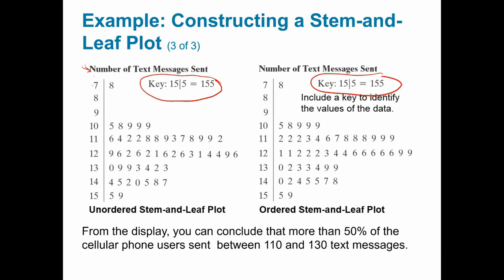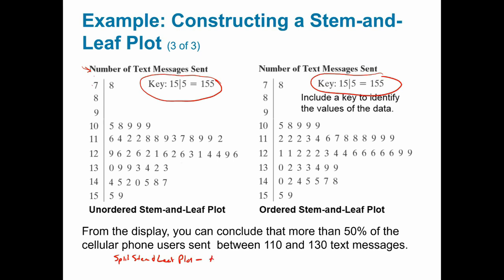There's one more type of stem and leaf plot you might see on the homework, which is a split stem and leaf plot. With a split stem and leaf plot, all that is, you split each stem into 2 rows.